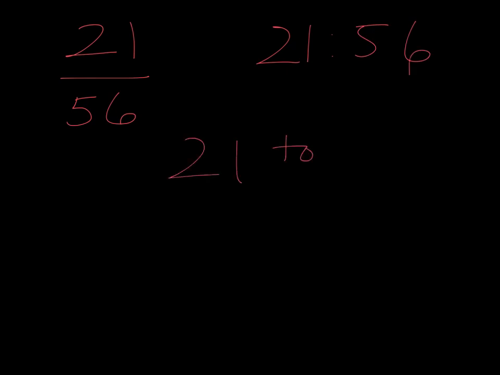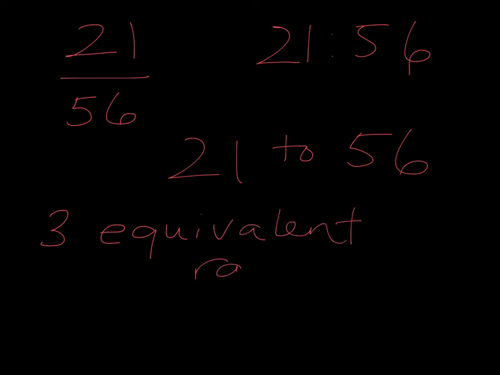Okay, so the next thing you're going to do is take the ratio 21 over 56, or you can think about it like this, 21 to 56, and I want you to give me 3 equivalent ratios for 21 to 56.